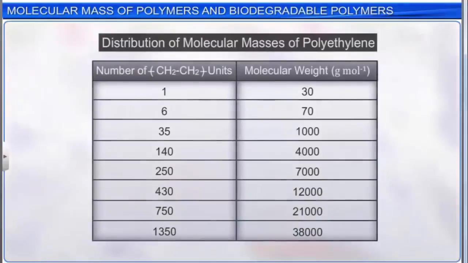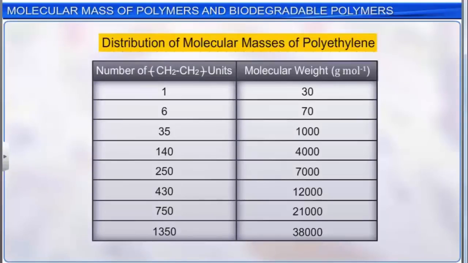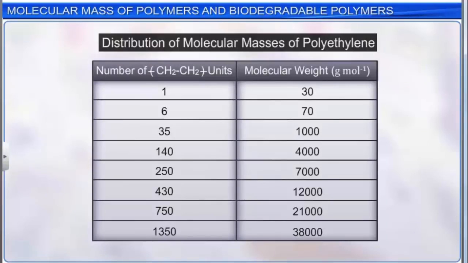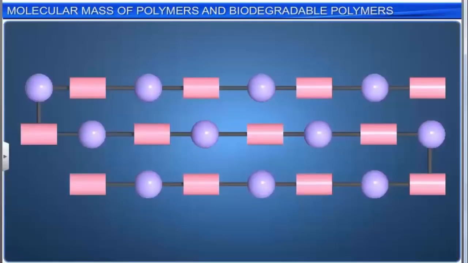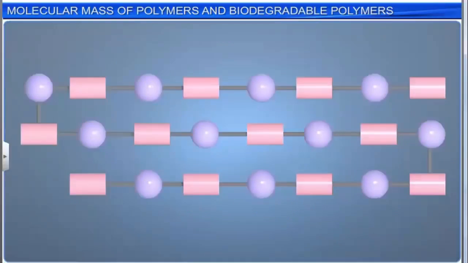Therefore, the molecular masses of polymers are best described as a distribution of molecular masses. So, when we discuss molecular masses of polymers, it's most appropriate to discuss average molecular masses.